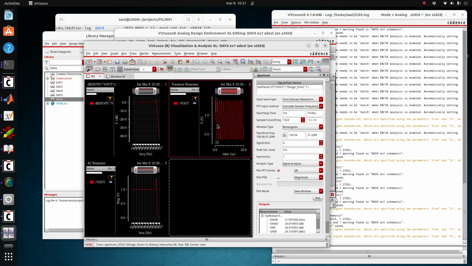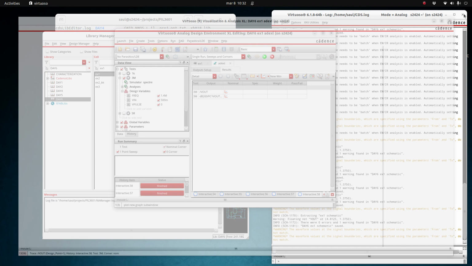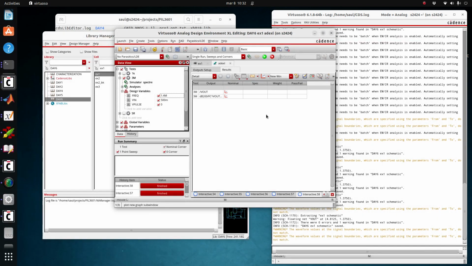Despite that, in the transient we can see that the signal starts getting distorted. So we cannot really work very close to the limit. We can see that the sinusoidal is getting distorted. Okay. This was the second example.